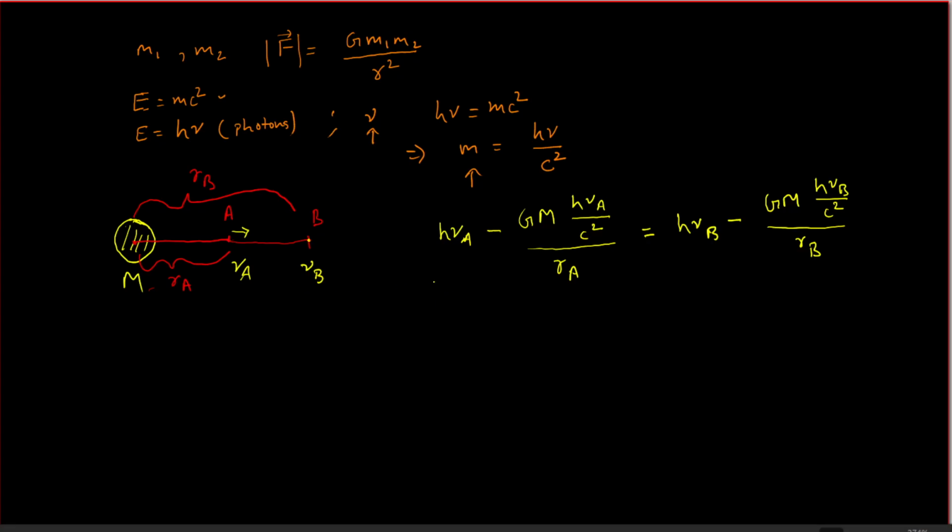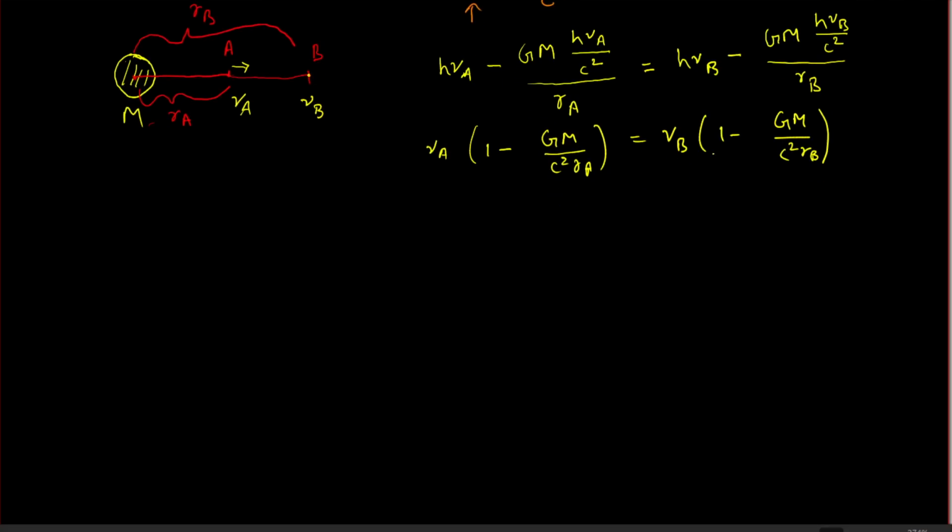From this equation, if we take h nu A common on the left hand side and h nu B common on the right hand side, h will cancel, and we get nu A times 1 minus G m by c squared RA equals nu B times 1 minus G m by c squared RB.